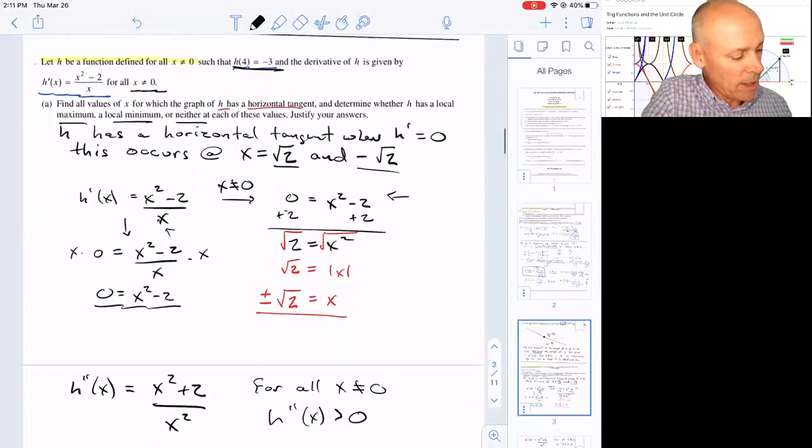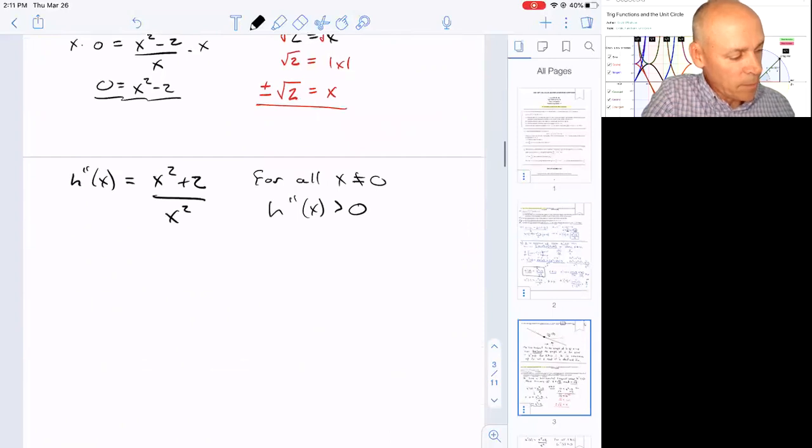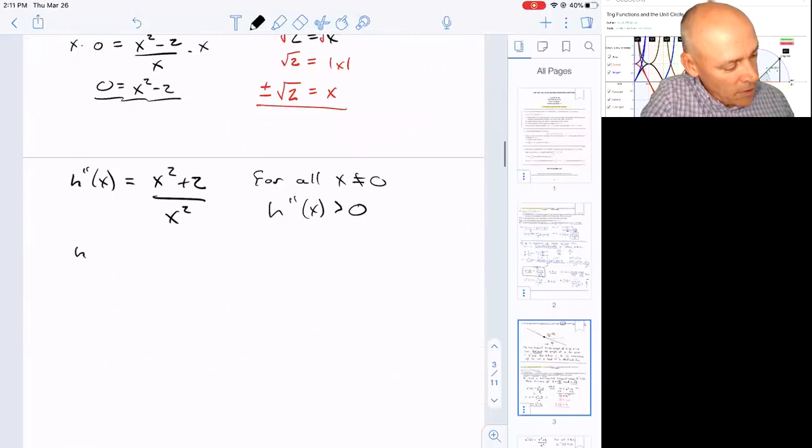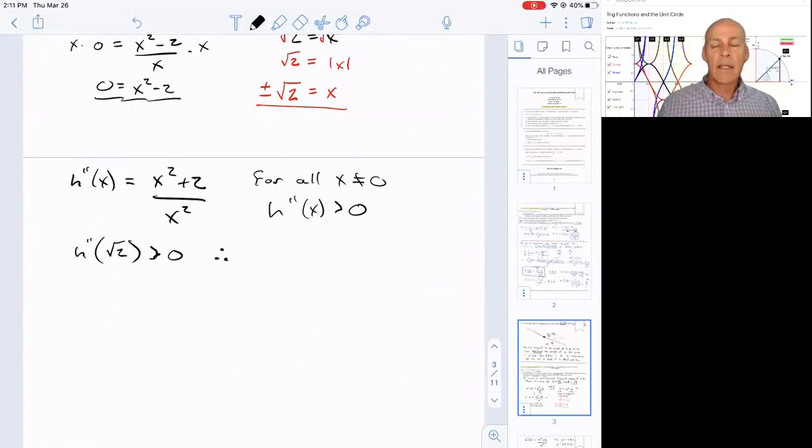So if I'm plugging those into the second derivative and I see that h double prime at root 2 is positive, therefore my conclusion is going to be what? Well, if this is concave up everywhere, then this value can only be a what?